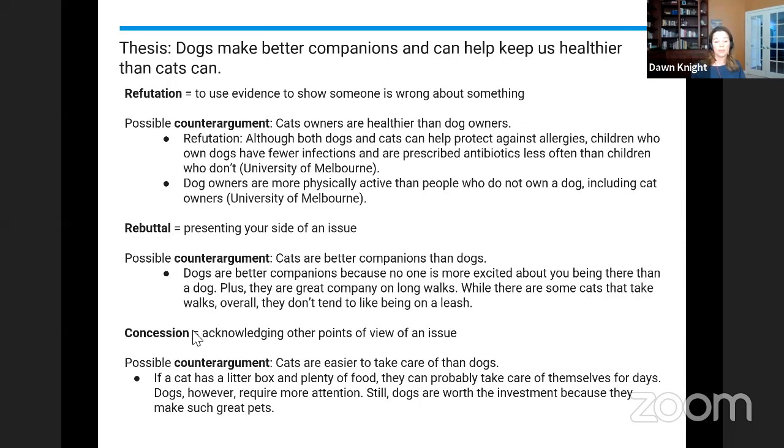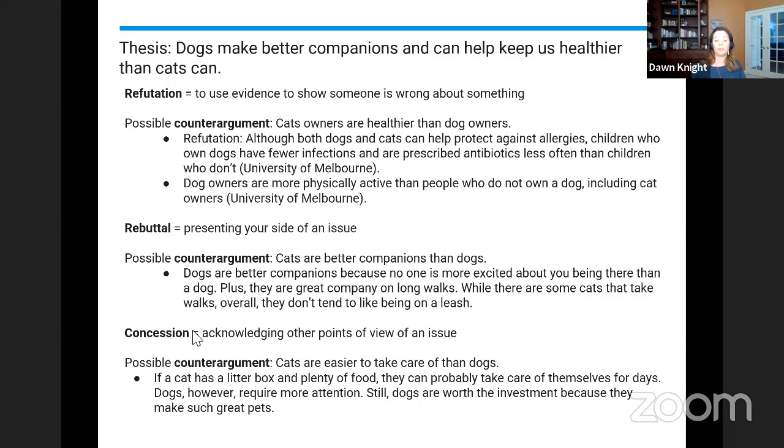Refutation would be saying something like, although both dogs and cats can help protect against allergies, children who own dogs have fewer infections and are prescribed antibiotics less often than children who don't. Or dog owners are more physically active than people who do not own a dog, including cat owners. Okay, so I'm refuting that counter argument.